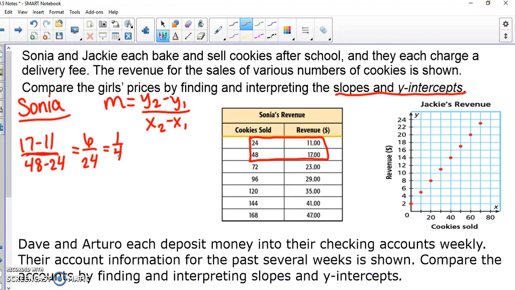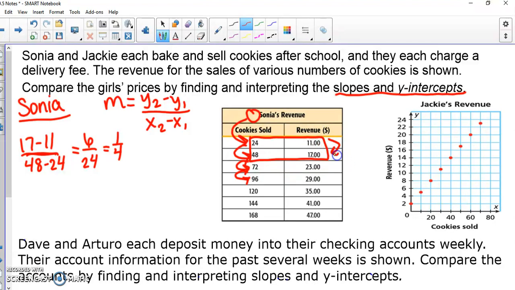So there's Sonia's slope. And then her y-intercept: remember the y-intercept is where it crosses the y-axis, so that is where x is equal to 0. Now we have to find out what y would be. We're increasing by 24 each time as we go up. With linear functions, you're adding or subtracting the same amount each time, and the same thing is happening here.